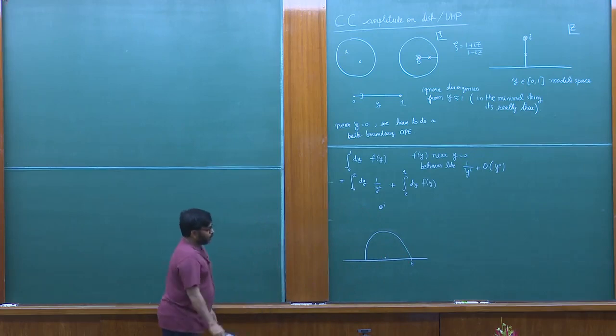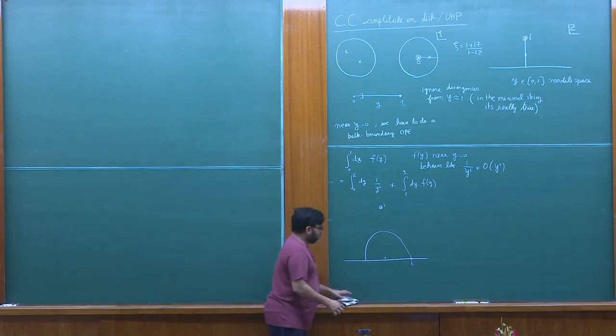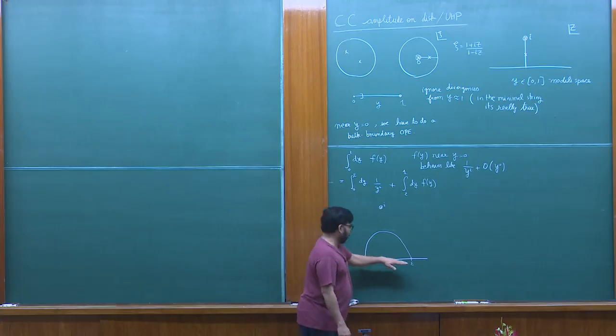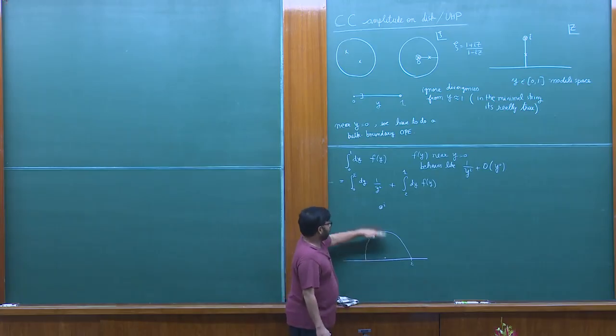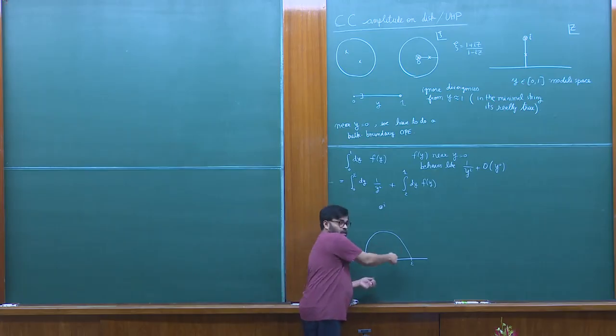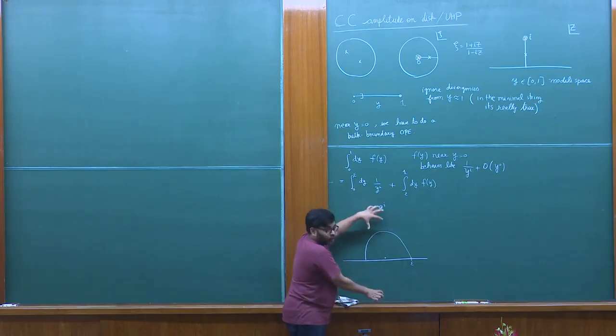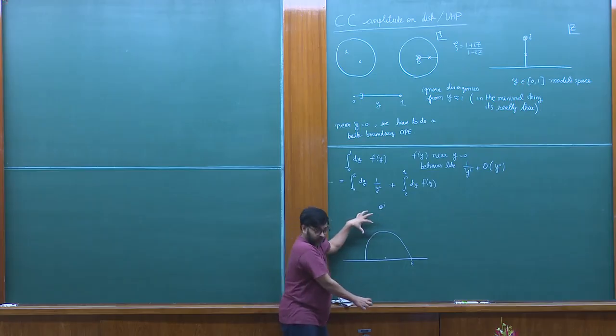What we will try to do is, not exactly at epsilon but somewhere, cut this diagram into two parts along some semicircle, and then think of the two pieces separately.